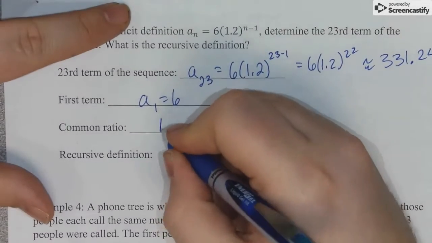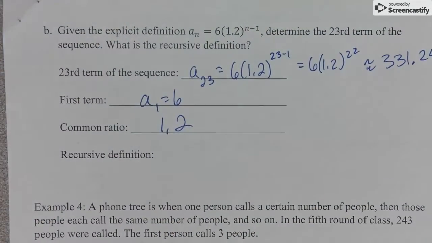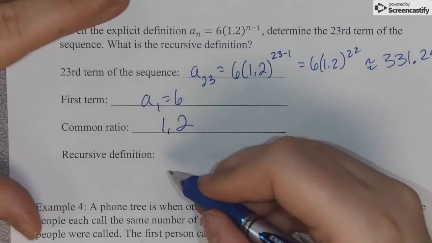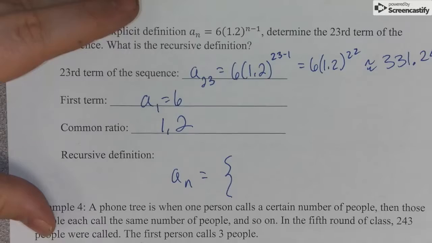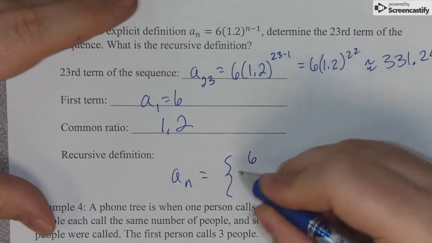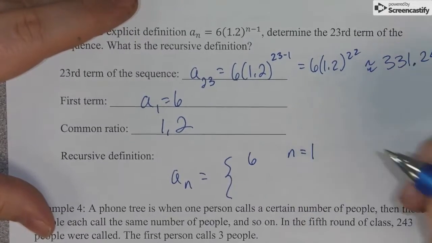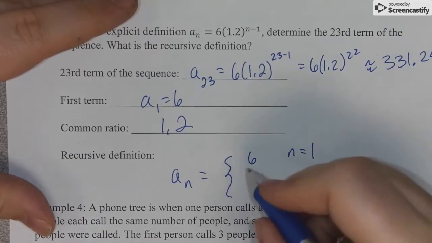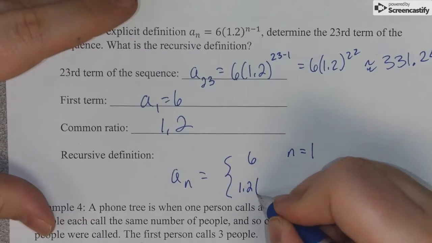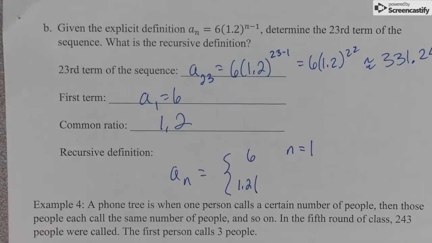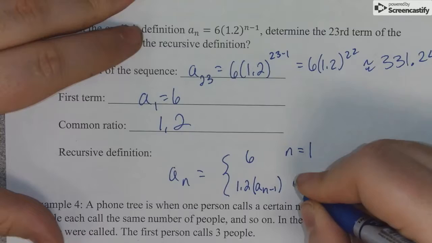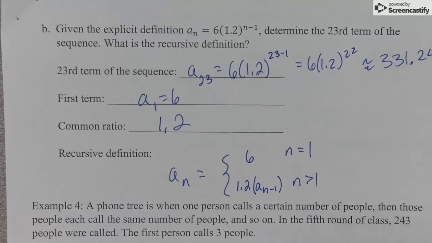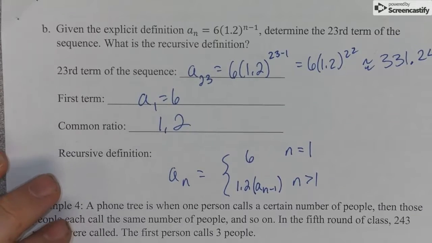Your common ratio here is 1.2. So your recursive definition is A sub n equals, put a bracket, your first term is 6 when n equals 1, and then your common ratio is 1.2 times A sub n minus 1 if n is bigger than 1. So that's your recursive definition for example part B.